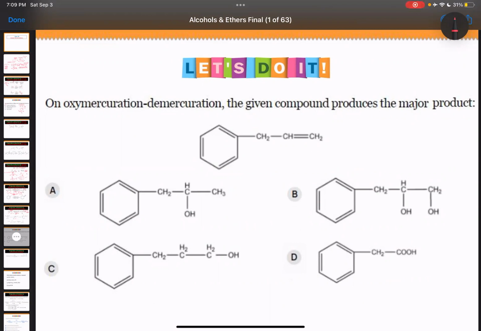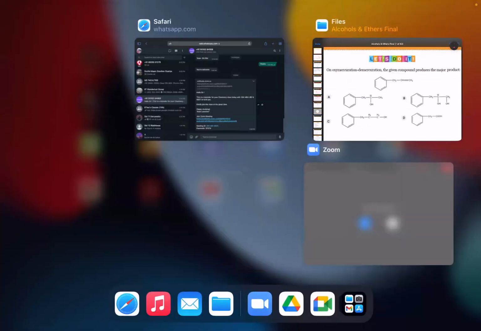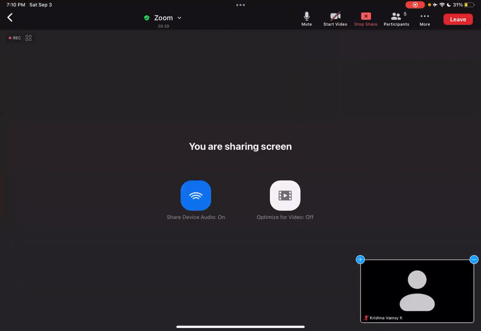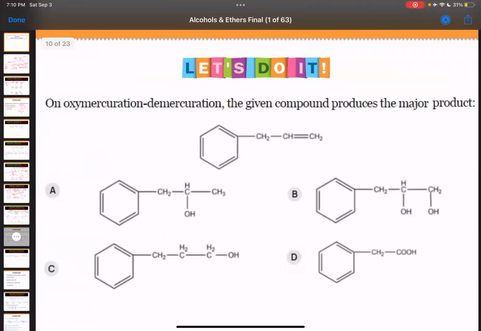What is going to be the product formed in this reaction? Krishna, understood? Maimuna? Yes, sir. Okay. So what will be the answer? This question is asking the product of oxymercuration and demercuration.